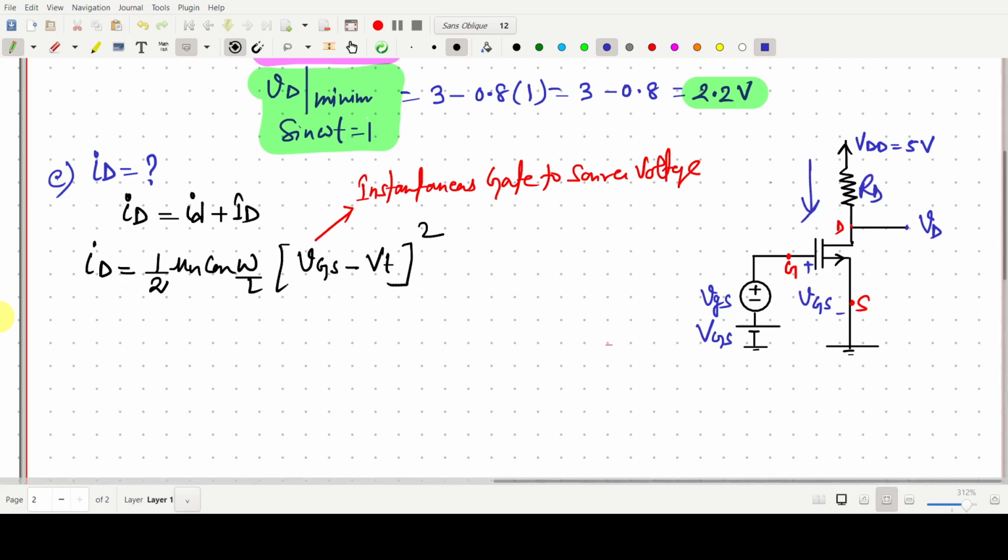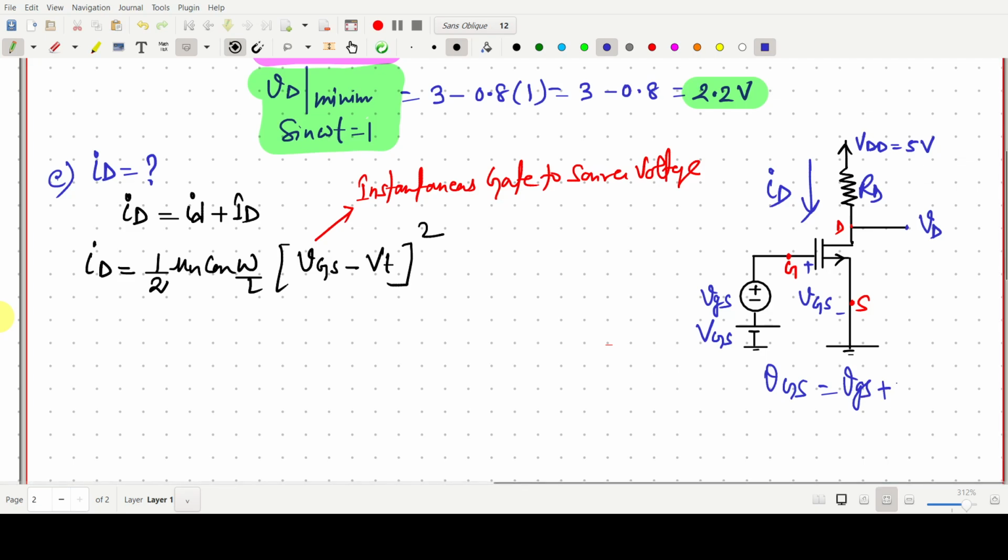So the instantaneous current is capital iD, and the instantaneous gate to source voltage is vGS, which is nothing but simply small vgs plus VGS, which can be easily calculated by just applying KVL in this loop. So this is the expression.